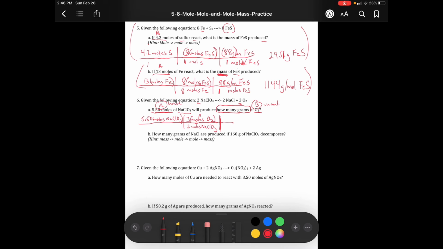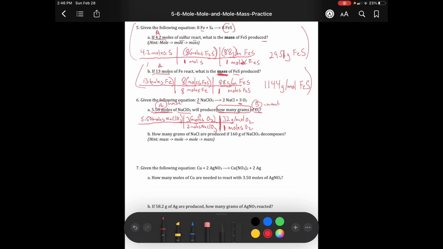We have moles on the top, so we need moles on the bottom. And how do we know how many moles go on the bottom? That's because we are saying 1 mole is always going to be equivalent to the molar mass, which is 32 grams per mole of O2. Now we just simply do the math. We multiply across the top, 5.50 times 3.